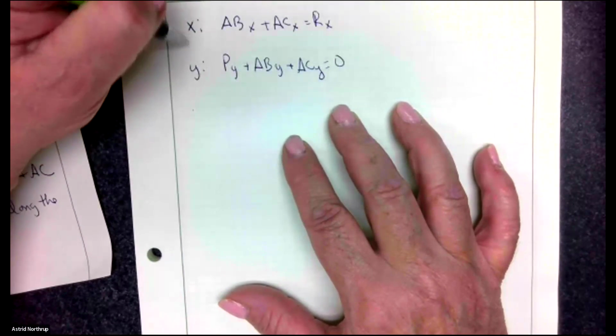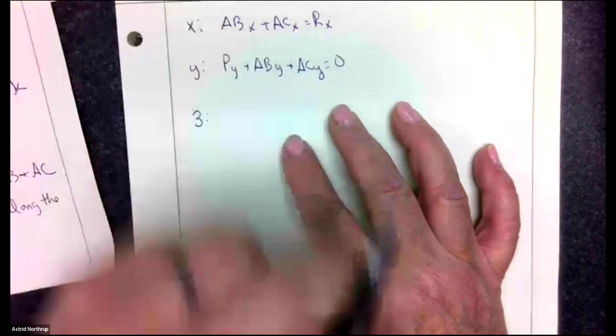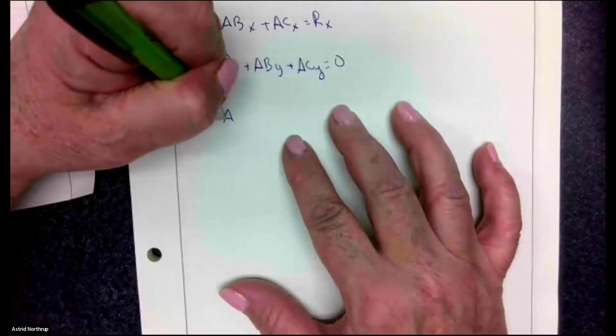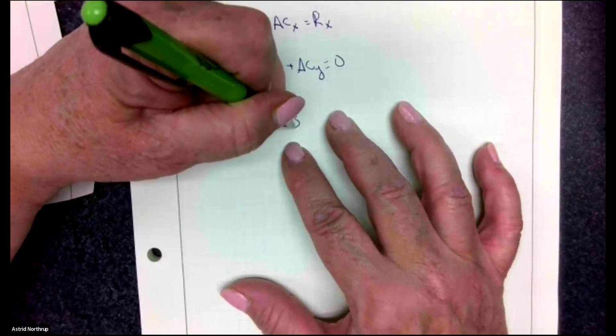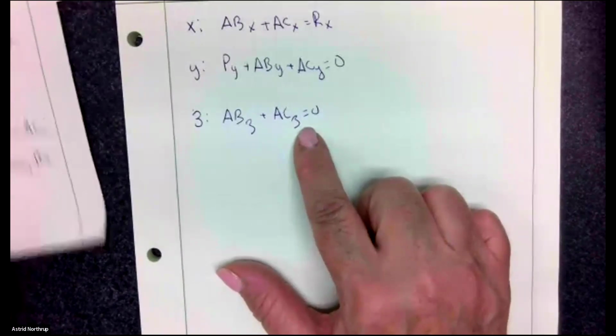And in the Z direction, I get A sub BZ plus A sub CZ equals 0.